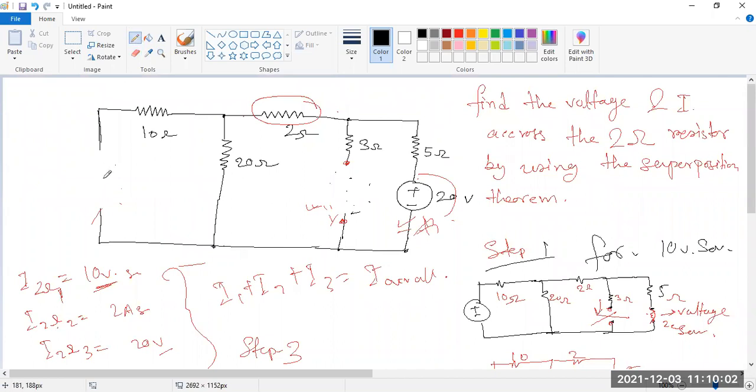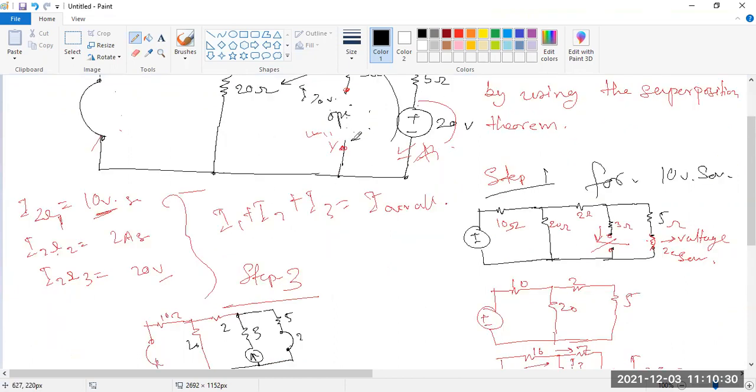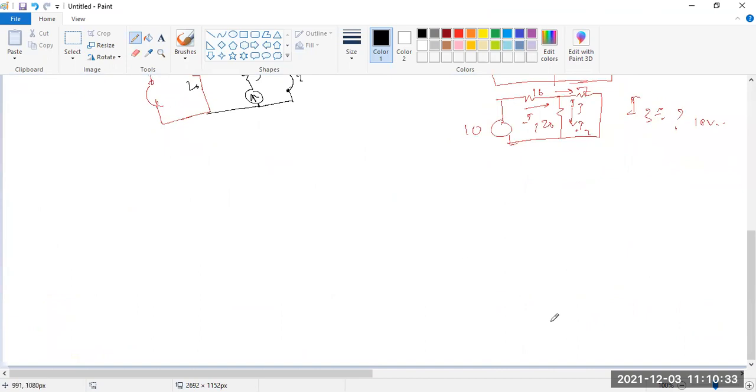So you can find the I3 for the 20 volt. Then we can add these and get the ultimate current, and then put this total current into this resistance 2. With this resistance 2 we can get the voltage. In this way we can solve this superposition, and next day I will solve it because only 1 minute is left.